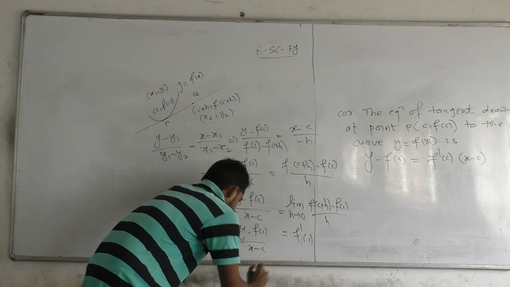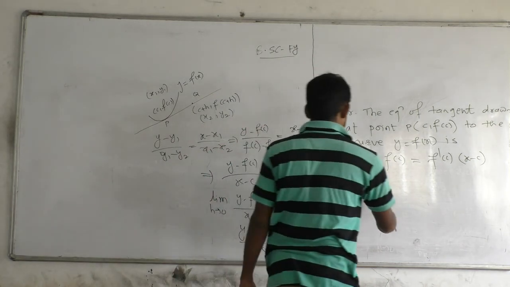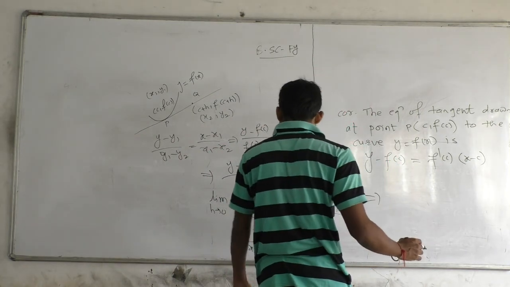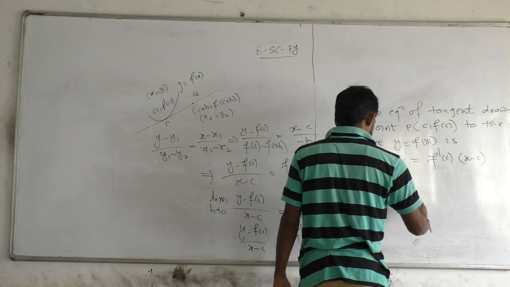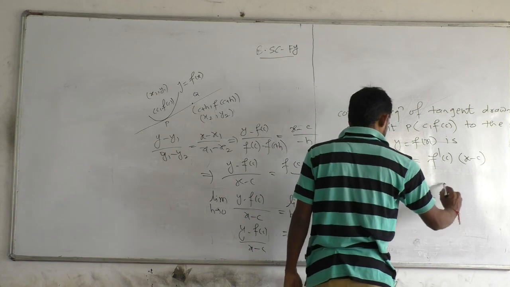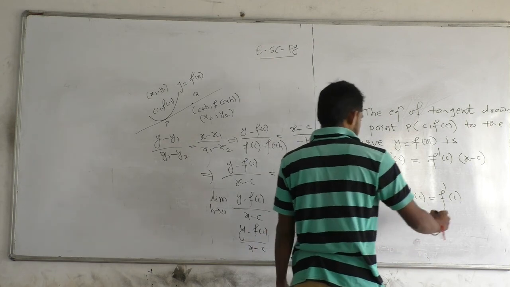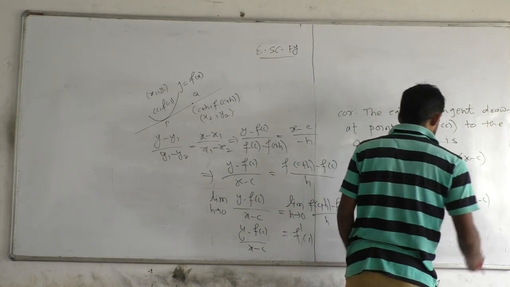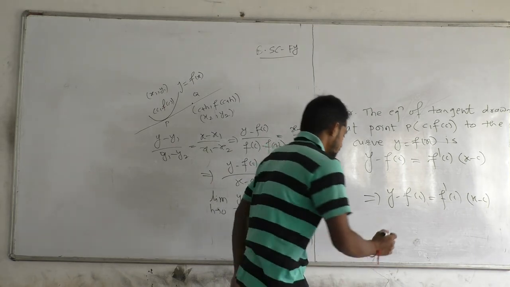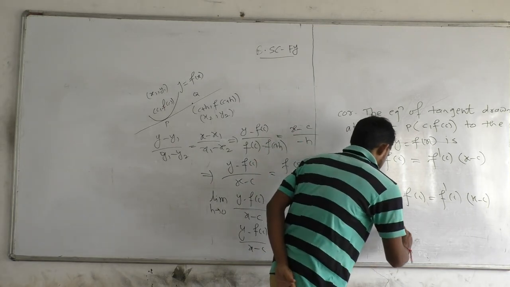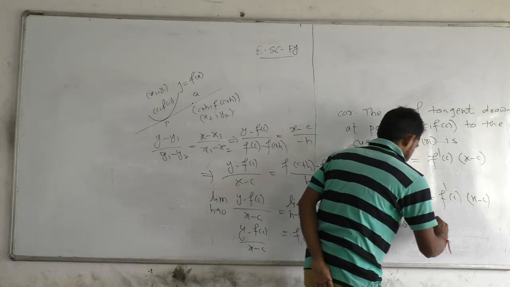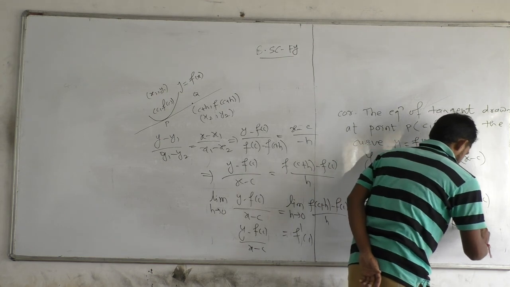Now rearrange this: y minus f of c is equal to f dash of c into x minus c. So this is the required equation of the tangent.